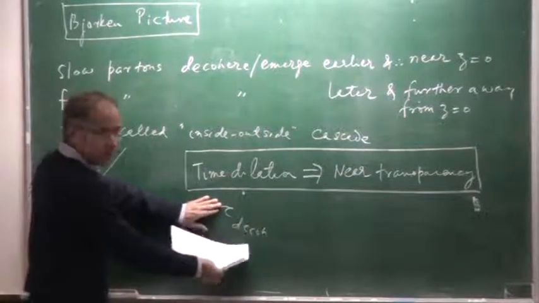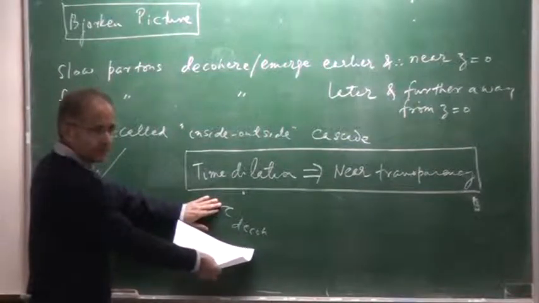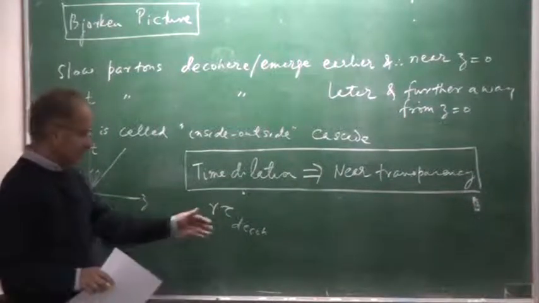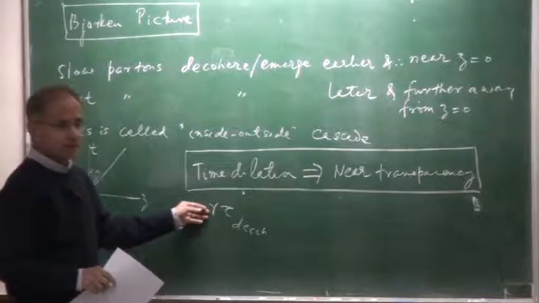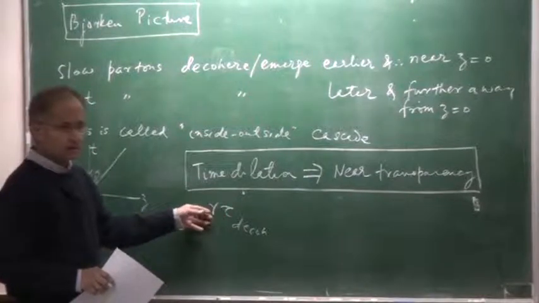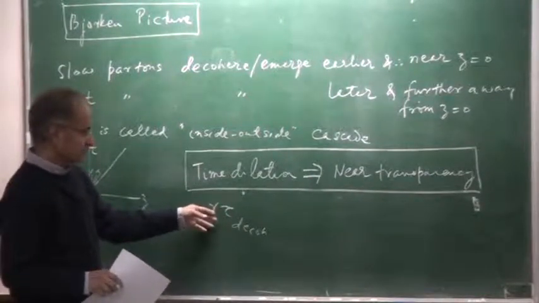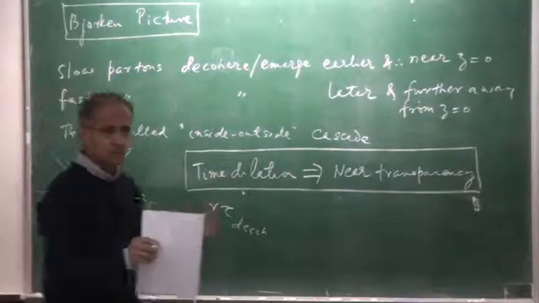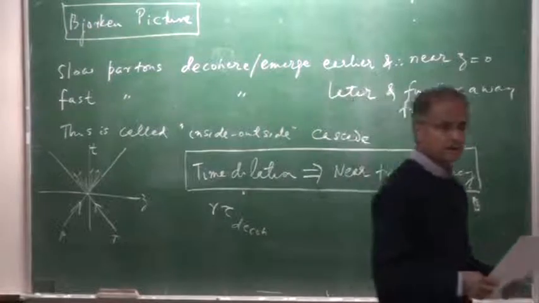This is some time scale for that. But if the parton is moving in the center of mass frame, that time becomes larger. That is time dilation. And because of time dilation, they tend to pass through each other without interacting.